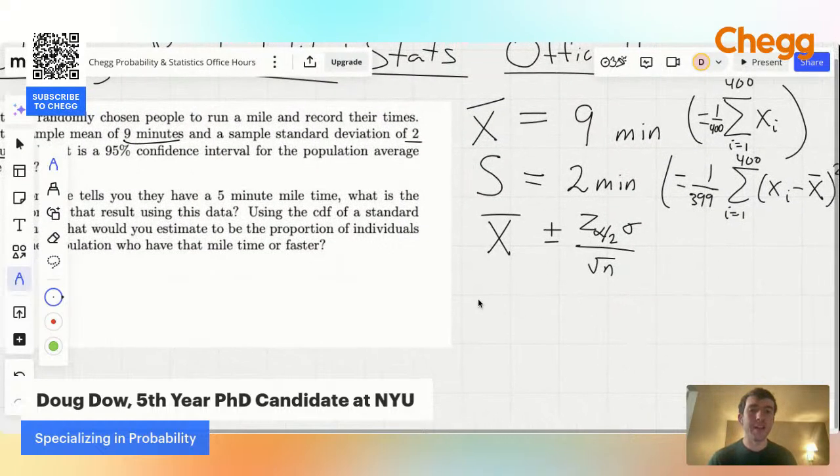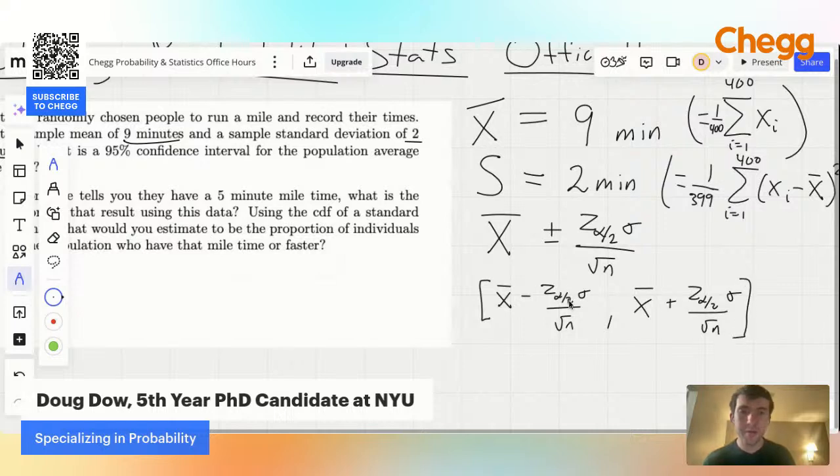If you like interval notation instead, this interval is going to be x bar minus z alpha over 2 sigma divided by square root n, comma, x bar plus z alpha over 2 sigma over square root n. So pretty simple.